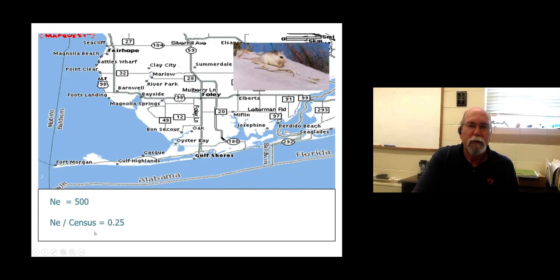So from that number, if we count up the mice out there and think about the effective size, the effective size to census size for most small mammals is around 0.25, okay, 25%. So about 25% of the mice that are out there are actually contributing at any one time to the next gene pool.